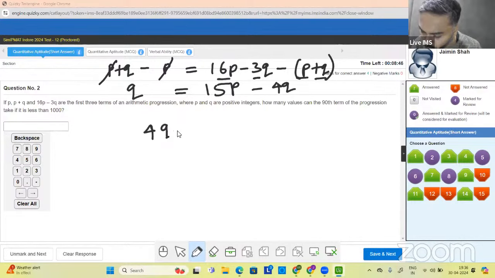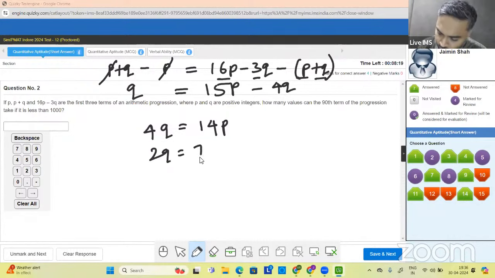So 4Q is equal to 14P is what I am getting. ठीक है. अब क्या आएगा? 2Q is 7P आ गया. 2Q is 7P.